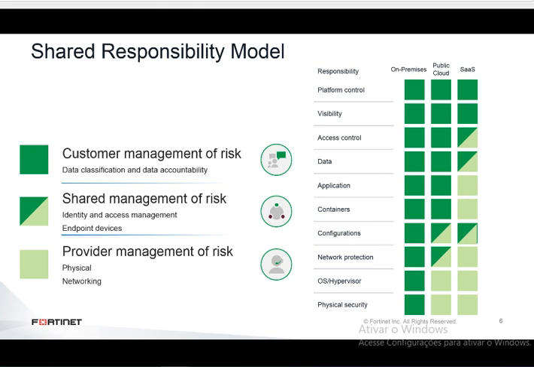The cloud vendor is responsible for physical security. In a SaaS model, such as Office 365 or Salesforce.com, the vendor is responsible for most security. However, the customer still needs to ensure that data stores and other configurations are compliant with security policies, and that access is appropriately restricted.